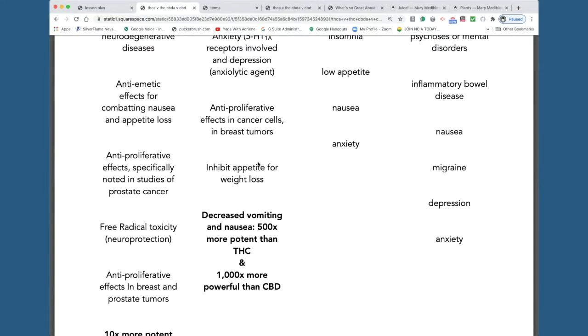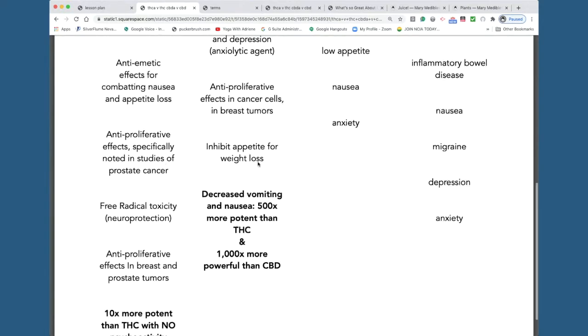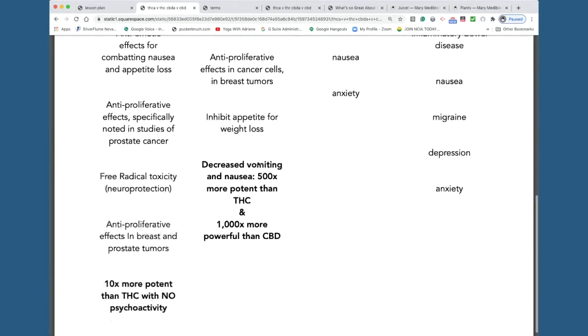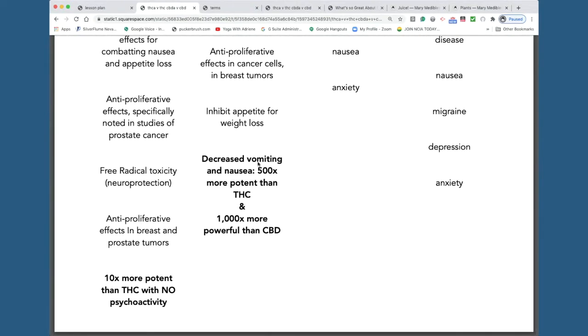It has anti-proliferative effects, so it kills cancer, and it's particularly shown to kill breast and prostate cancers. And it's important to note that THCA is 10 times more potent than THC, and it has no psychoactivity.